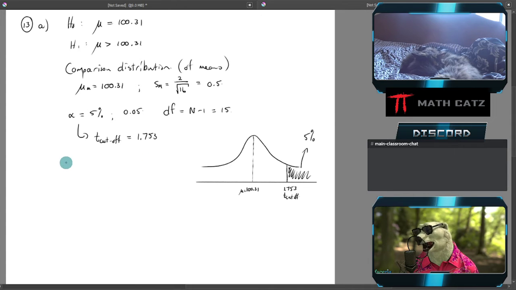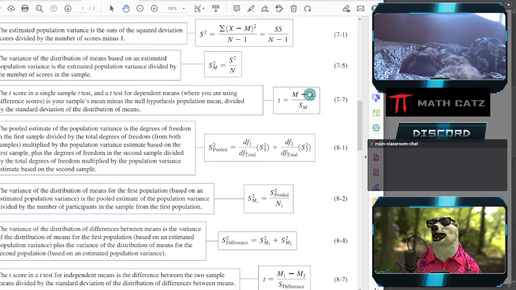So that's our cutoff. Now our observed T score, we'll call it T observed. Let's go to a formula sheet here from the book just to see where we're at. We didn't have to do formula 7.1 because it was calculated for me. We did use formula 7.5 to make the adjustment to the distribution of means and estimate the standard deviation of that distribution based on the standard deviation of the sample.